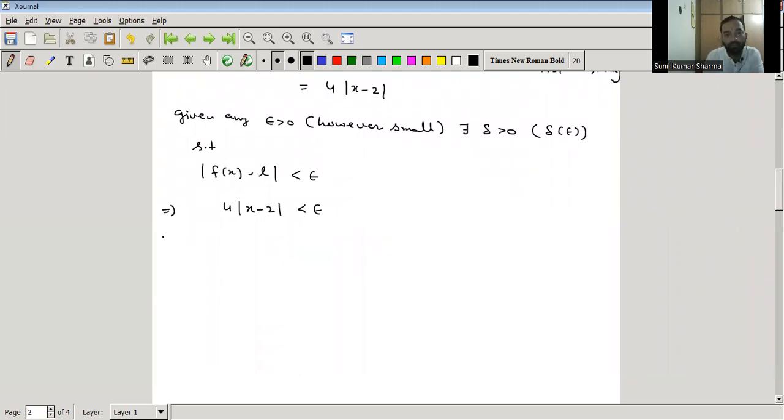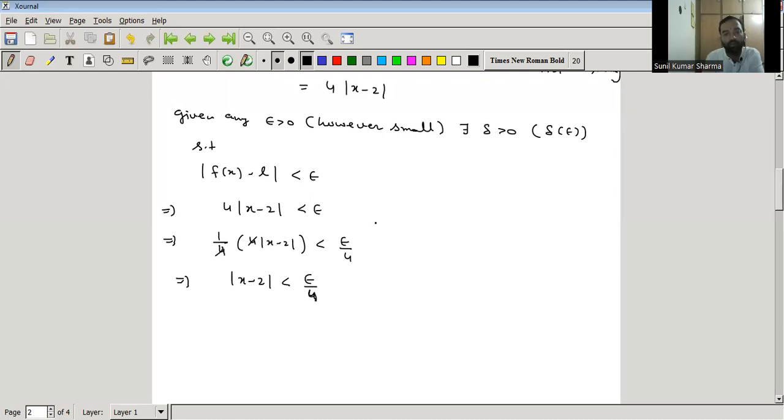But because it is 4, we multiply both sides by 1 by 4, and 4 and 1 by 4 cancel out, because 1 by 4 is the multiplicative inverse of 4, and the product 1 upon 4 into 4 is 1. So mod x minus 2 is less than epsilon by 4.